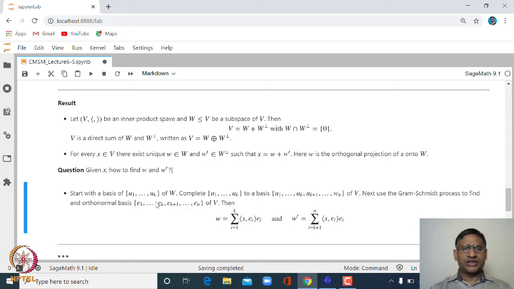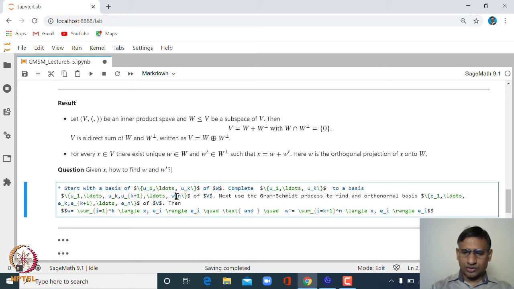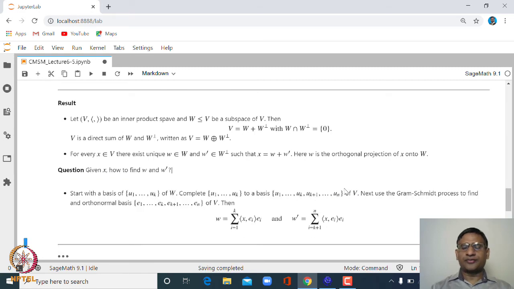One way to do it is to start with a basis u1, u2, ..., uk of W. Since this is a linearly independent set of vectors, it can be completed to a basis u1 to un of V. Then apply the Gram-Schmidt process.